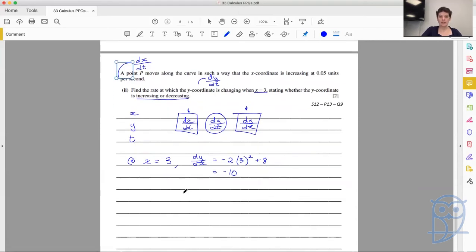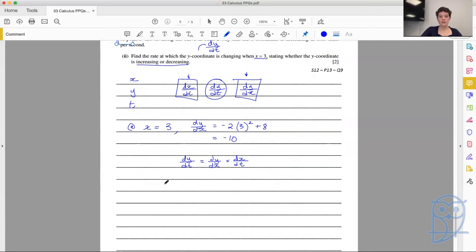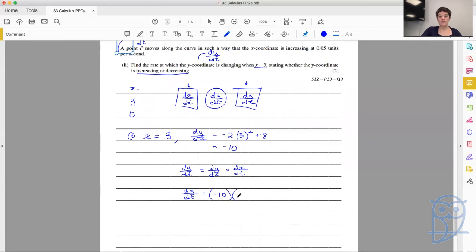Our chain is dy by dt equals dy by dx times dx by dt. So dy by dt equals dy by dx, which is minus 10, times dx by dt, they gave us 0.05. So dy by dt is minus 0.5.